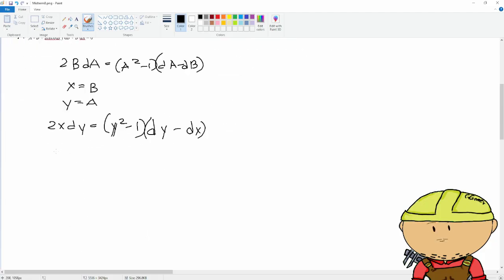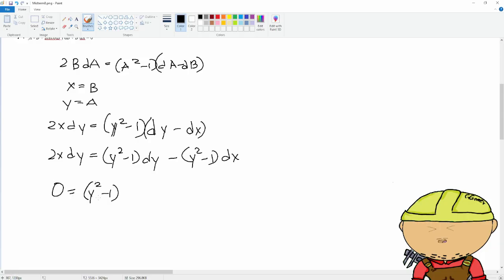Okay, so 2x dy, distributing (y squared minus 1) dy minus (y squared minus 1) dx, transpose to the opposite side. 0 is equal to (y squared minus 1 minus 2x) dy minus (y squared minus 1) x, right?